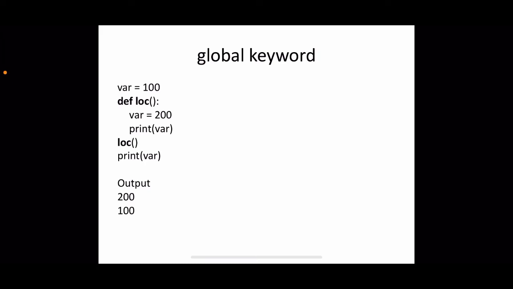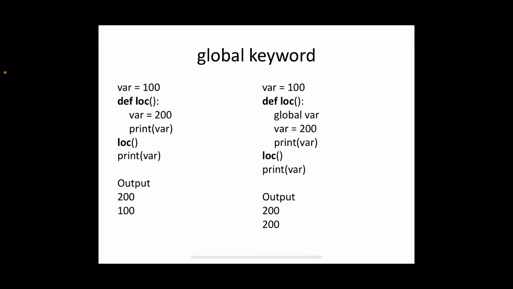Now we want to change the value of this var within this function, and that change should be reflected throughout the program. For that we can use the global keyword. So we are assigning a variable with value 100. Within this log function, we are saying that I am going to modify the global variable var, not a local variable.